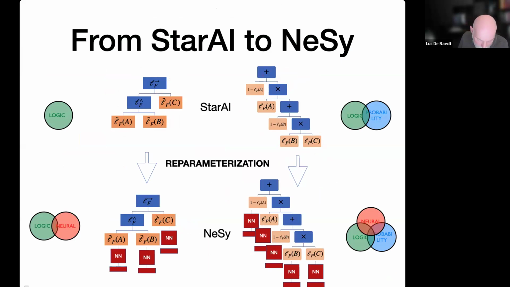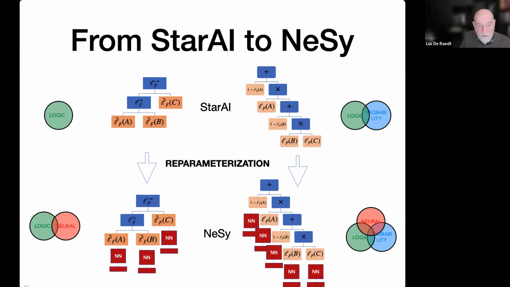What is being done, in a sense, is that the parameters of these predicates are reparameterized. The probabilistic or the fuzzy values of particular predicates come from the neural network. So in a sense, you do a reparameterization of these probabilities and fuzzy values. And that essentially means that the neural networks are coming in below.